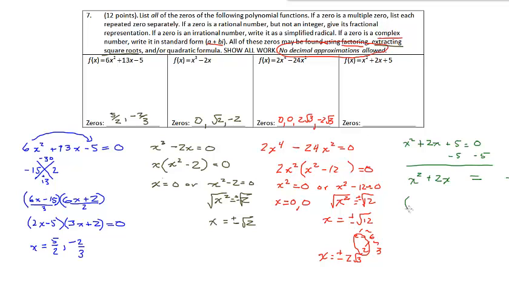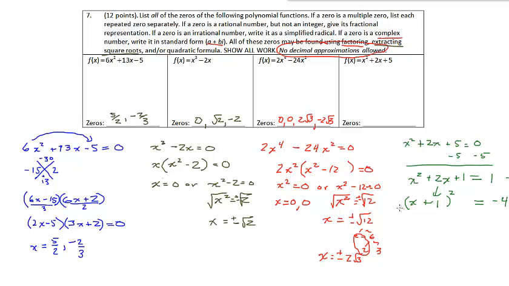Now, to complete the square, I've got an x here. I'll take half of 2, that's 1. Square 1, that's plus 1 on each side. So this is equal to negative 4.